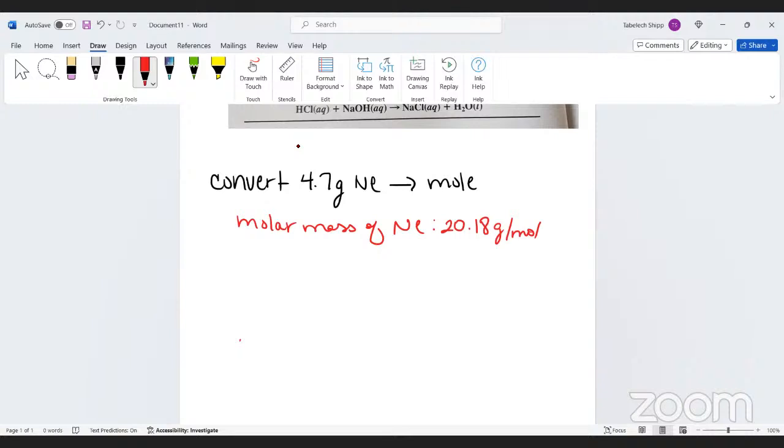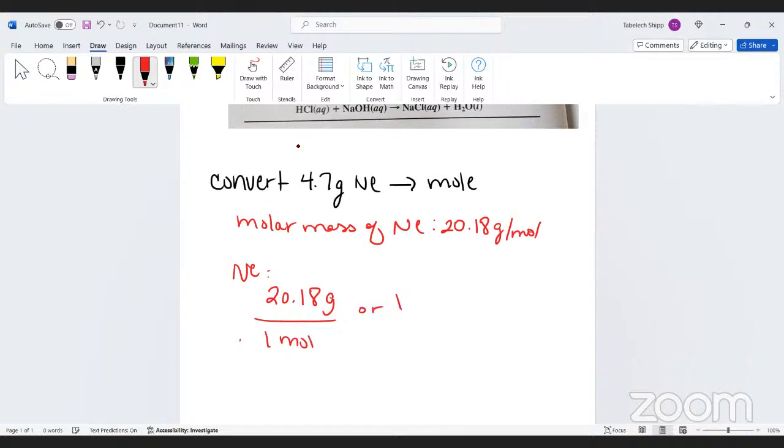So when it comes to balancing, molar mass calculations and moles, what you need to know is that if I told you the molar mass for neon was 20.18 grams over 1 mole, that's the conversion.